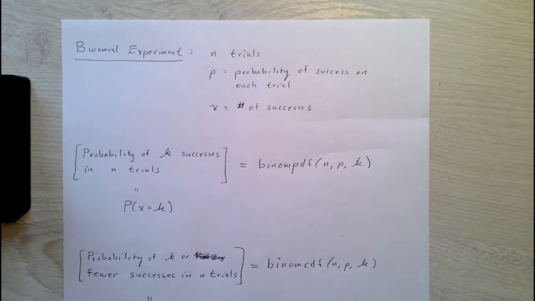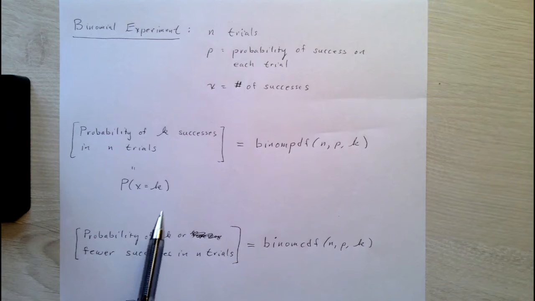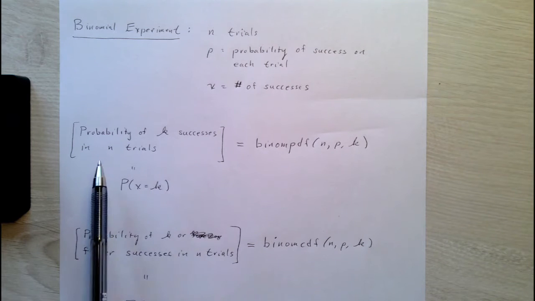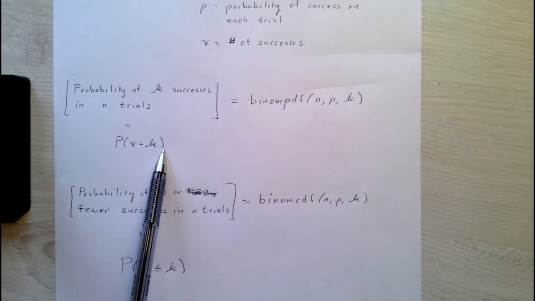So the questions you'll be seeing involve the probability that x is in a certain range, or x is equal to a certain number. That is, the probability of exactly k successes in n trials, that's really the probability that x is equal to k.